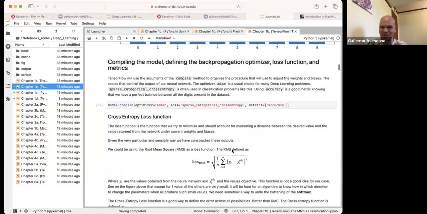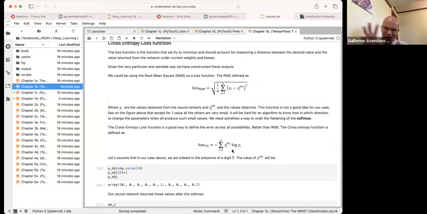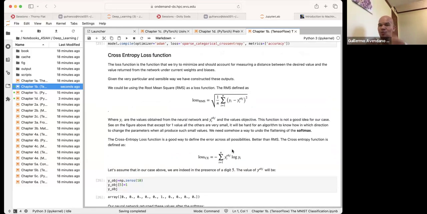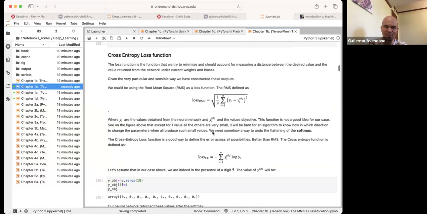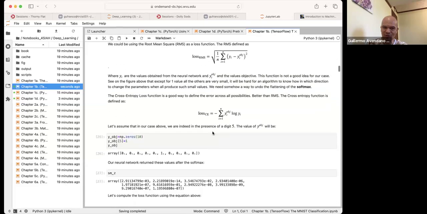What I'm doing here is using this to explain different features of the neural network, such as the loss function: how you define how far I am from the value that I desire, the value that I would like to see from the training data. So the definition of a loss function, the cross entropy loss function.